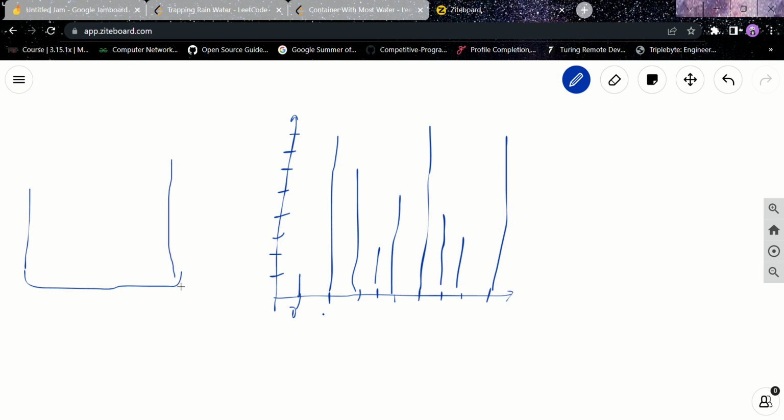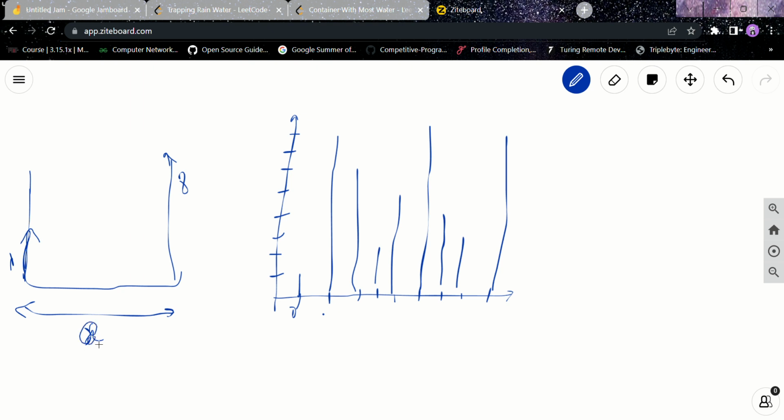One thing we need to focus on, apart from the base: say the base is x, the height of one side is 1, and the other side is 8.